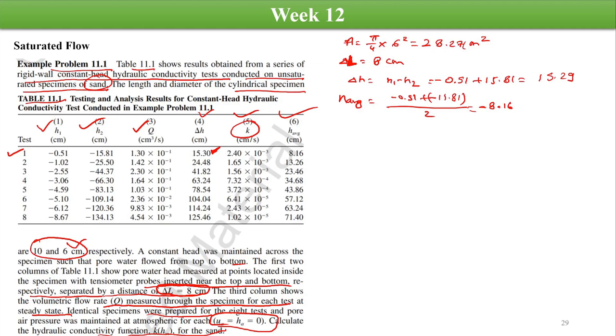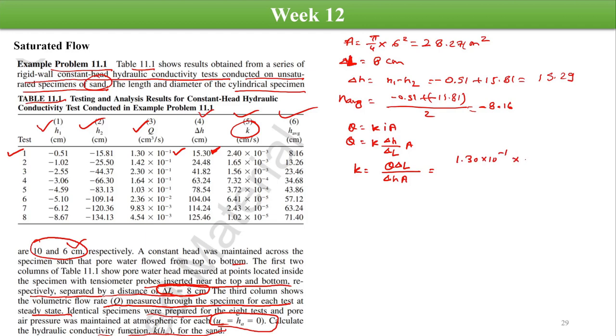So as to determine the value of hydraulic conductivity function, that is the K, if you see the formula, Q is K into I into A. So if we write at the place of I, delta H upon delta L, into A. In that case, the value of K, the hydraulic conductivity function, becomes Q times delta L upon delta H times A. And it will result into the value of Q. Let's say for first experiment, it's going to be 1.30 into 10 to the power minus 1 centimeter cube per second.